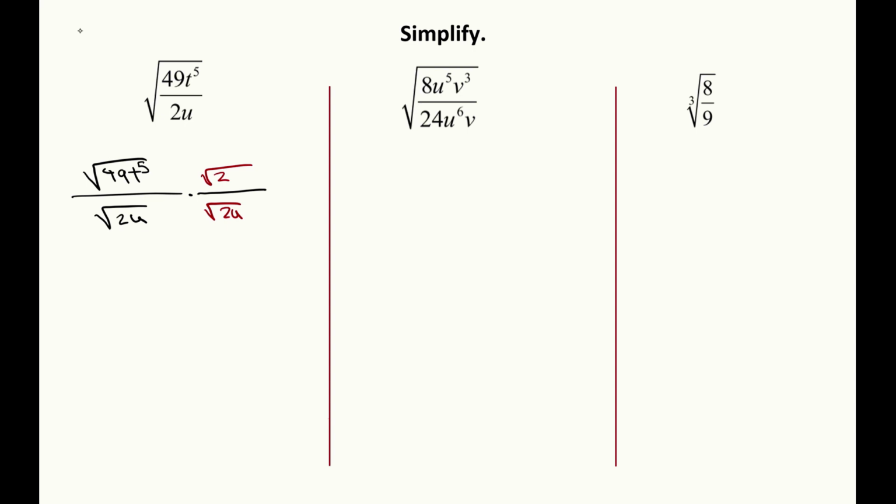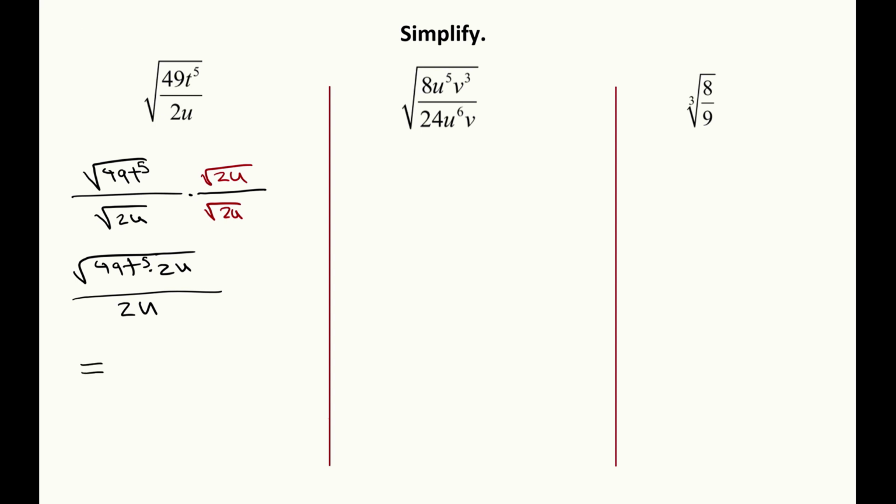And we don't forget that we need to do that on the top as well. So now we have the square root of 49t to the 5 times 2u on the top, and downstairs we have just 2u.